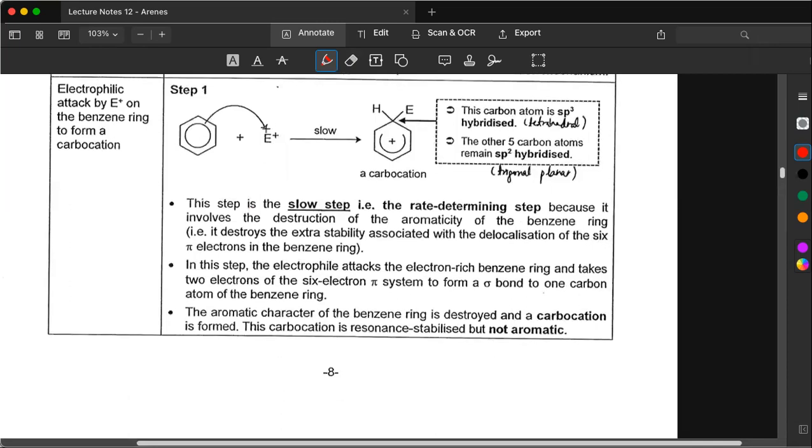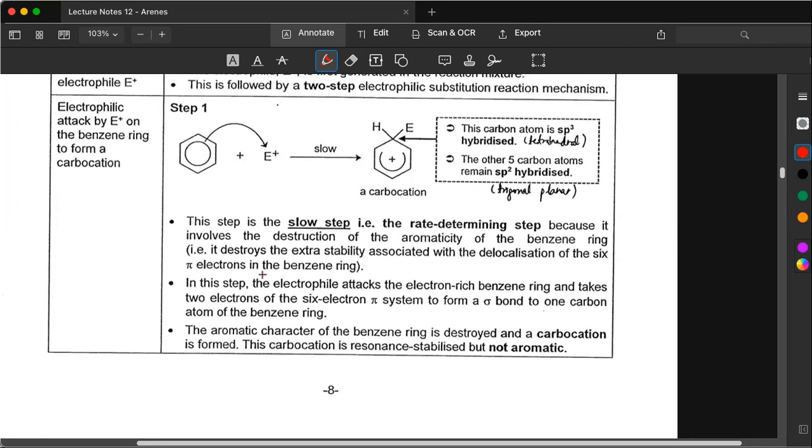In this step, the electrophile will attack the electron-rich benzene ring and remove 2 electrons of the 6 electron pi system to form a sigma bond to 1 carbon atom. The aromatic character of the benzene ring is destroyed and forms a carbocation.